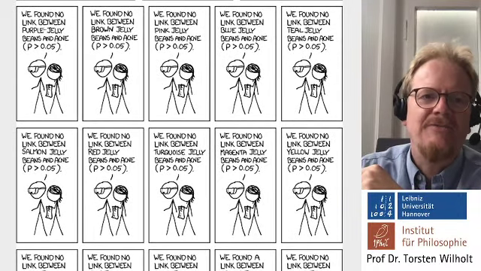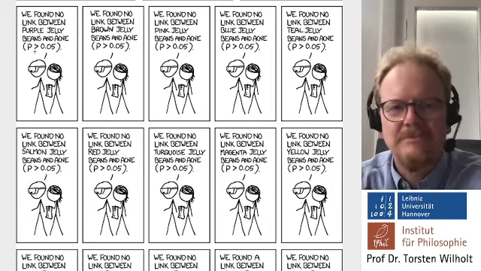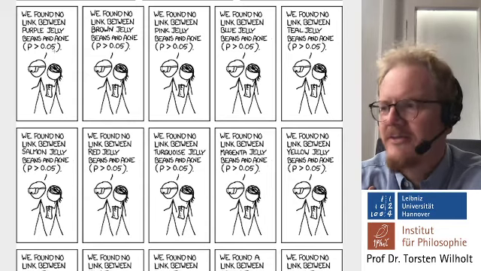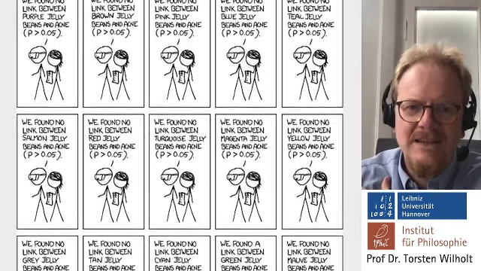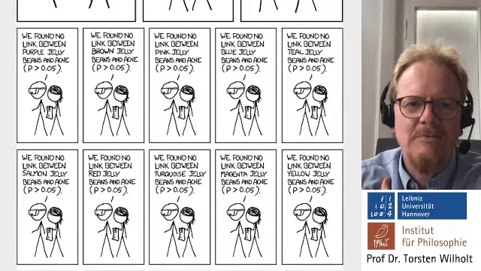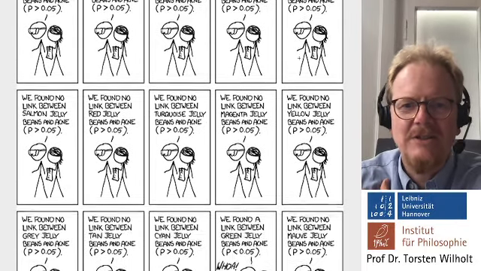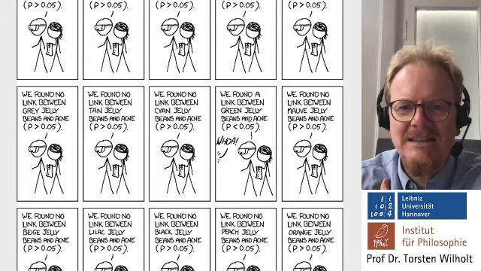And now they say, we found no link between purple jelly beans and acne. Again, the p-value is larger than 0.05. And again and again, so they do this with brown jelly beans, pink jelly beans, blue jelly beans, teal jelly beans, whatever, until here: oh, we found a link between green jelly beans and acne.